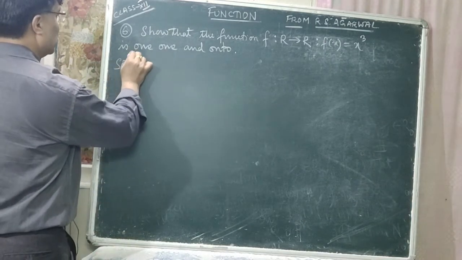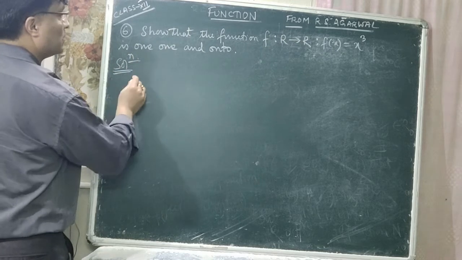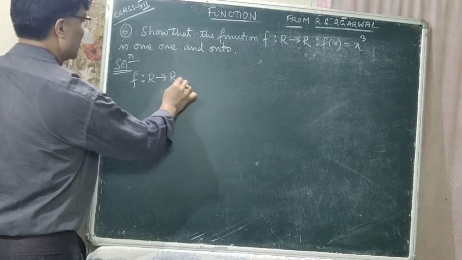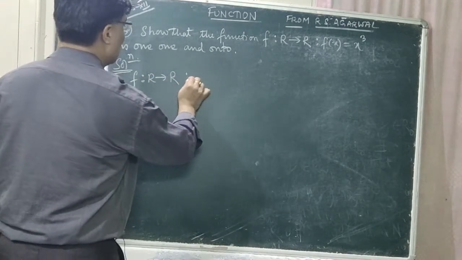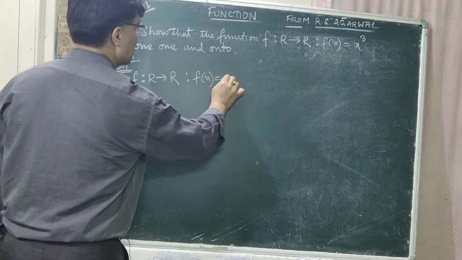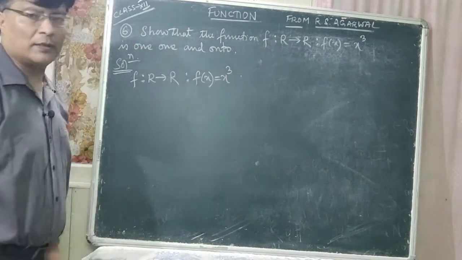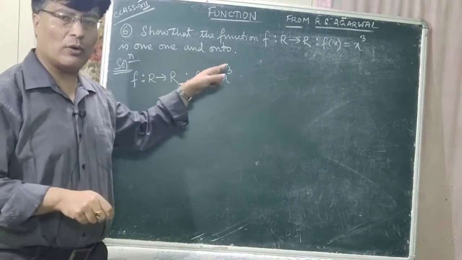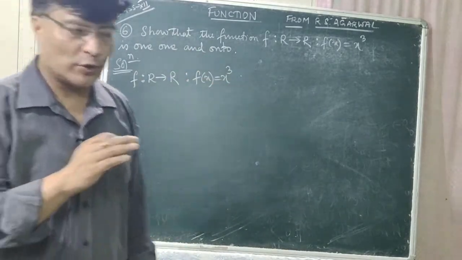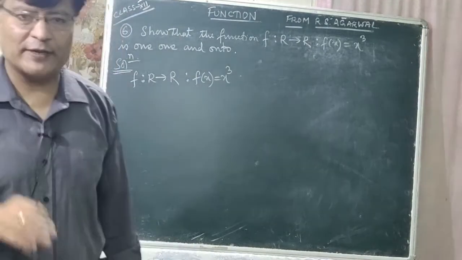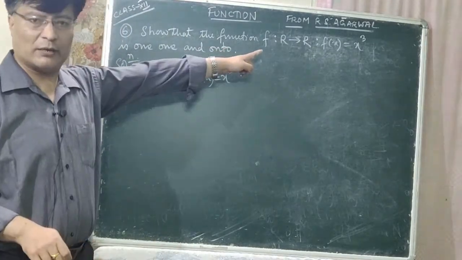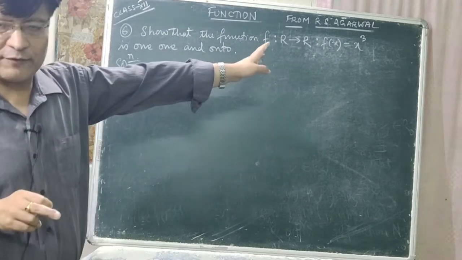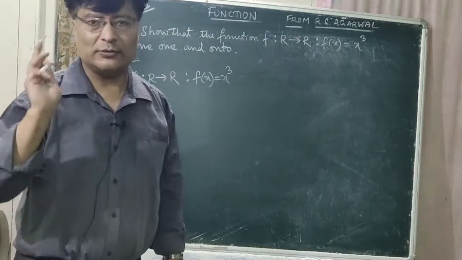The solution is: here it is given a function f from real to real numbers, defined as f of x is equal to x cube. So you know the mathematical proof of proving one-one function. If f of x1 is equal to f of x2, where x1, x2 belong to the real numbers, then you have to prove that x1 is equal to x2.